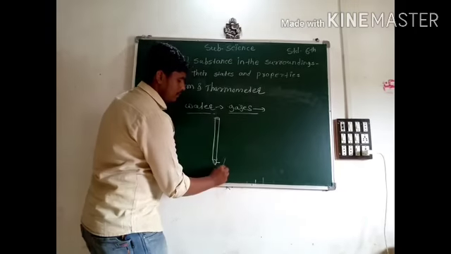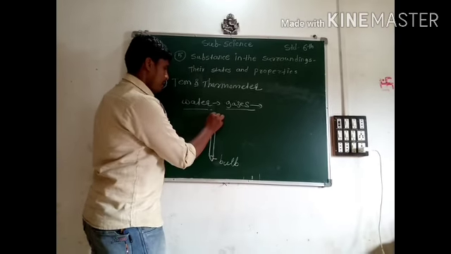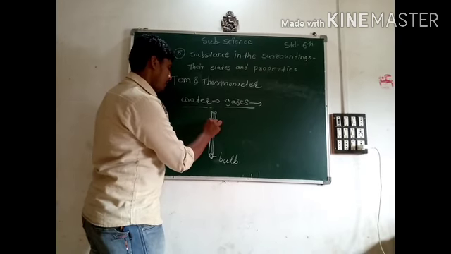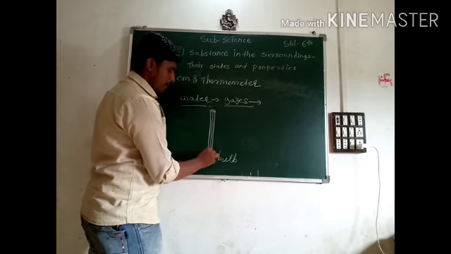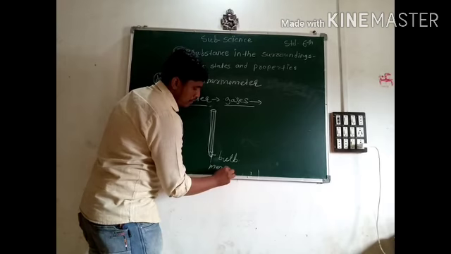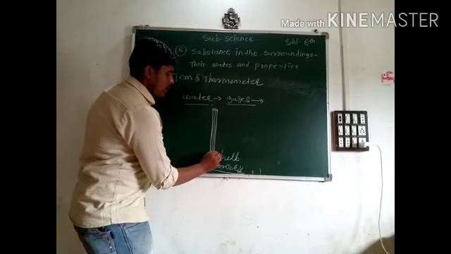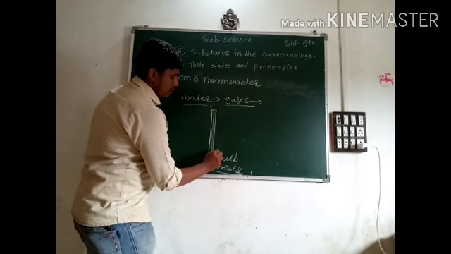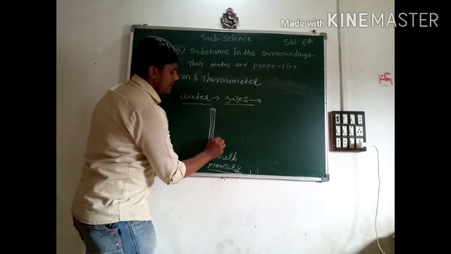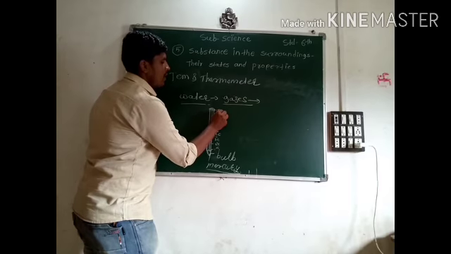Then in this thermometer, one capillary tube is fitted. In this capillary tube and bulb, the mercury is stored. The numbers on this thermometer are 1 degree Celsius, 2 degrees Celsius, 3 degrees Celsius, 4 degrees Celsius, up to 100 degrees Celsius.